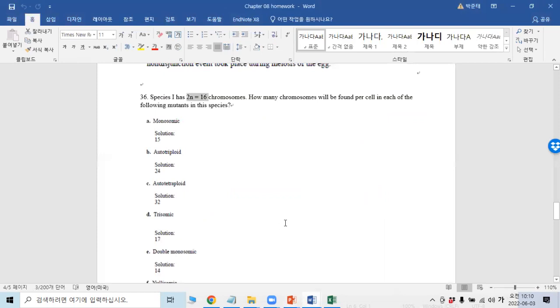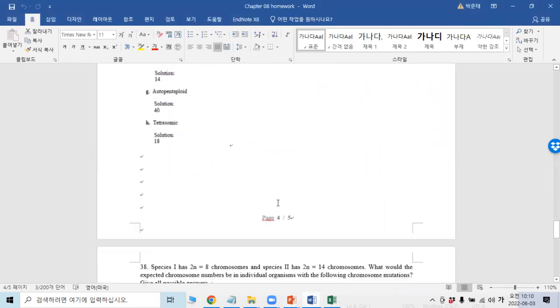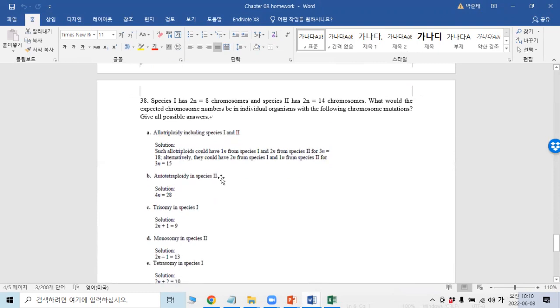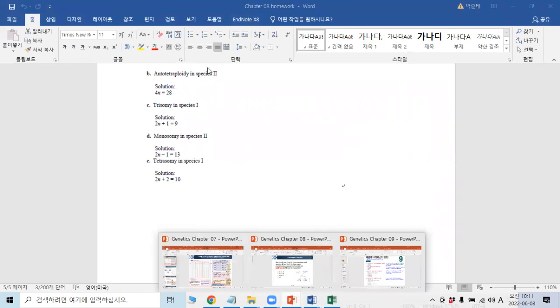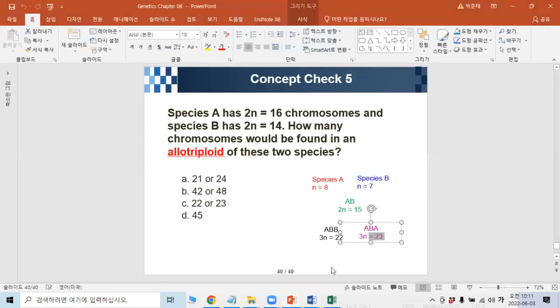You have to know. For example, for an allotriploid including species 1 and 2, you can calculate it like this. Also the autotetraploid in species 2 is 28. You have to know this, because we are in a genetics class and this is very important to us.